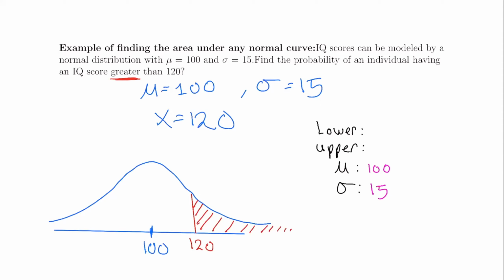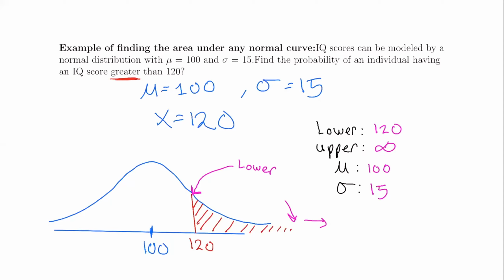For the lower, it's whatever the lowest value that's shaded. It gets cut off right here, so the lowest value that we have is 120. The highest value keeps going to the right-hand side, so technically it's going to positive infinity.